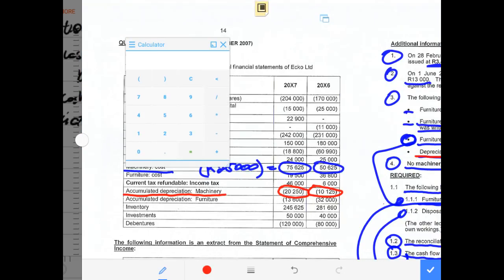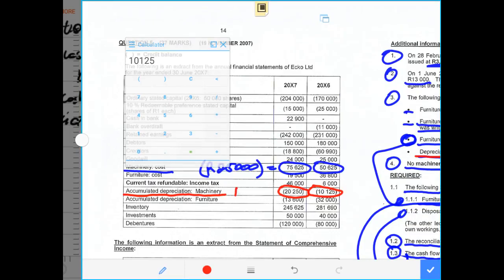This will be 20,250 minus 10,125, and this will give us the depreciation on machinery as 10,125.